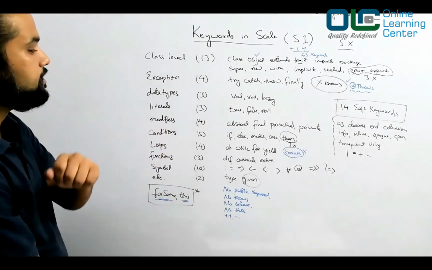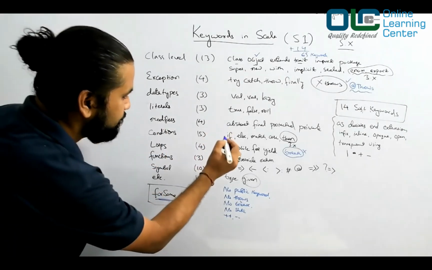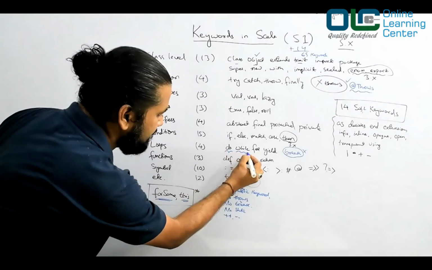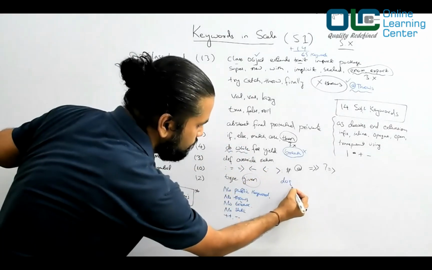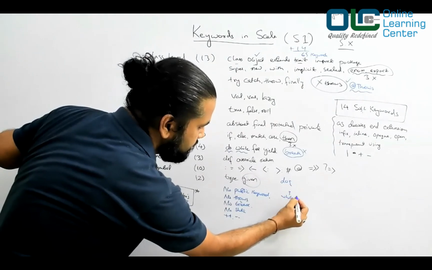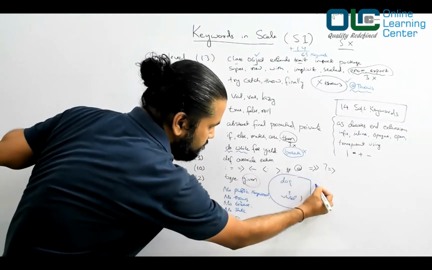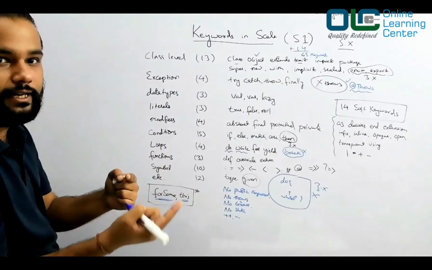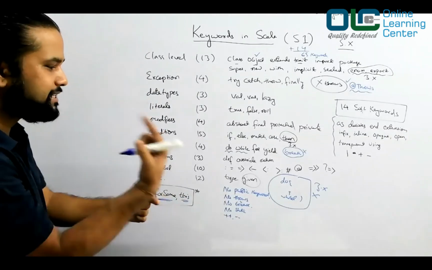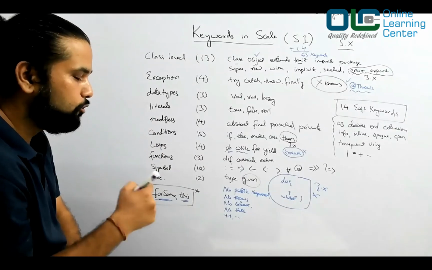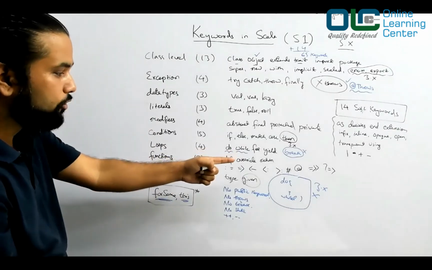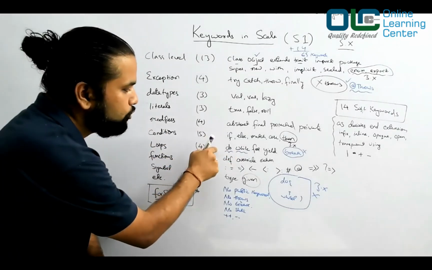Now, one more interesting point is, you have a do and you have a while. But let me tell you, do while is removed. The do while condition is not available in Scala 3.x. Do while used to be there in Scala 2, but in Scala 3 there is no do while loop. So you have a for loop, you have a while loop, but you do not have a do while loop.